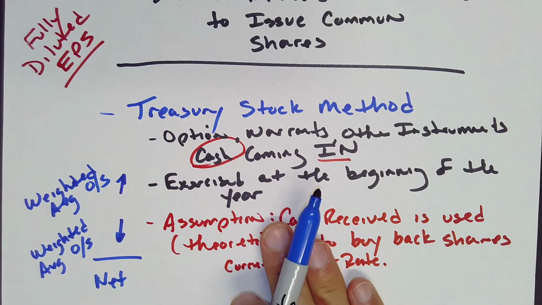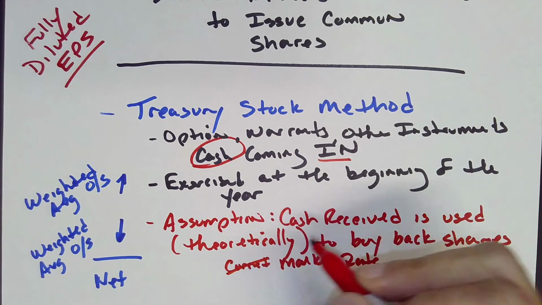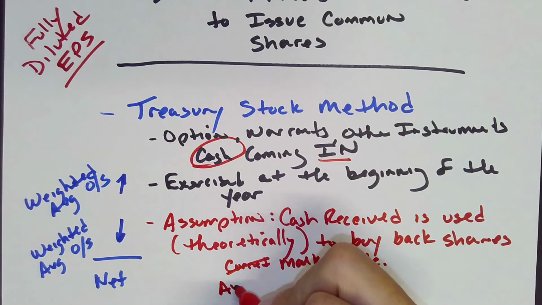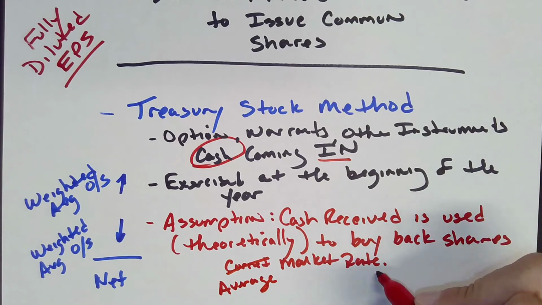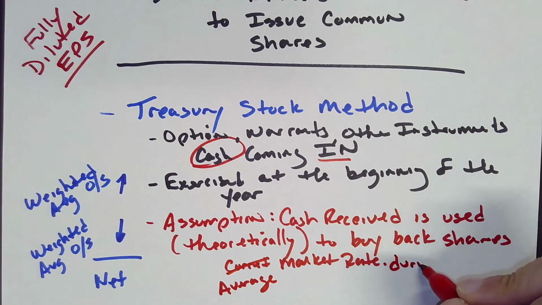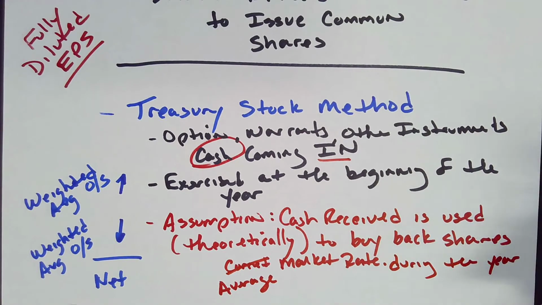Actually, not the current market rate. I'm making a mistake here. Not the current market rate, but the average market rate during the period. And when I say the market rate, the average price of the stock during the year or the quarter or what have you.